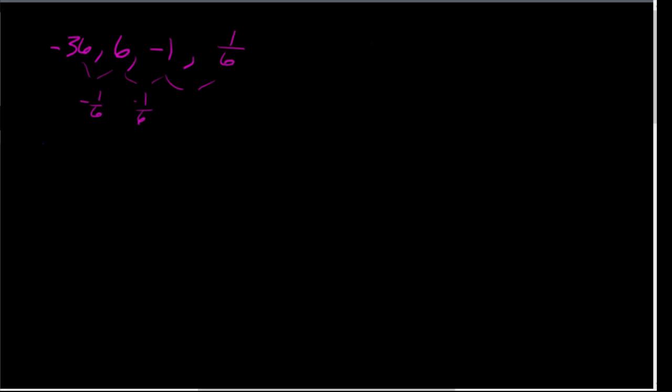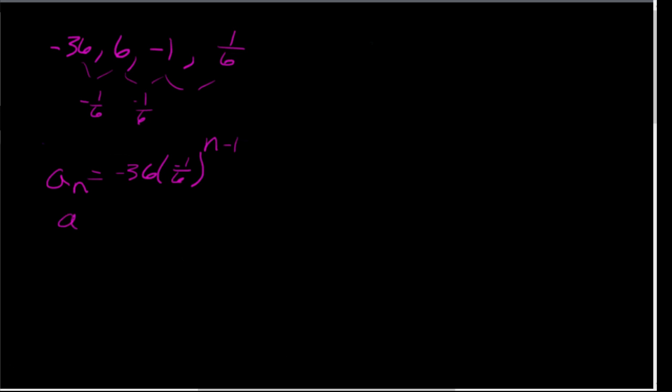So we can take the equation we were given today, a sub n is equal to negative 36 times negative 1/6 to the n minus 1. Now we can plug in the next term. We want to find the 5th, 6th, and 7th terms.